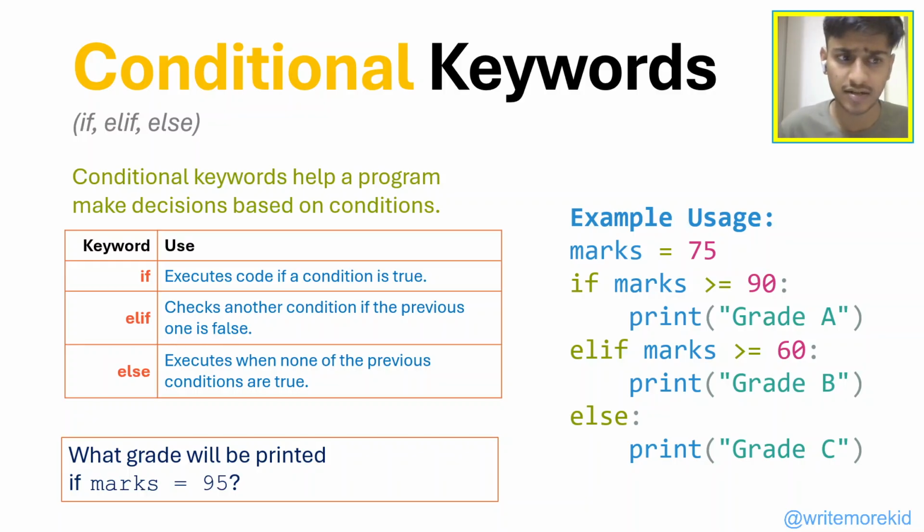Let's try to understand. If voter ID is equal to yes, print eligible to vote. If country dot lower is equal to India, print eligible to vote. So what is happening? This line is getting printed. So that you can understand it, I'll enter a one here and a two here.